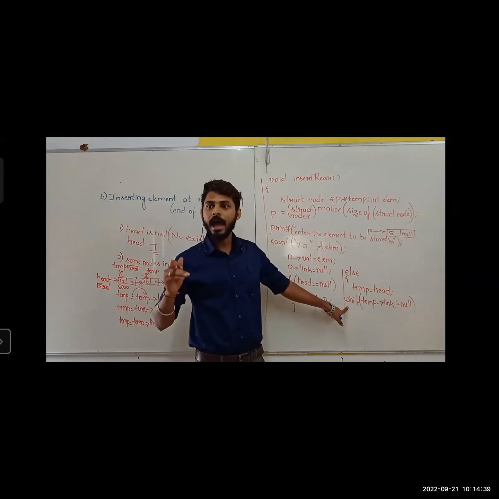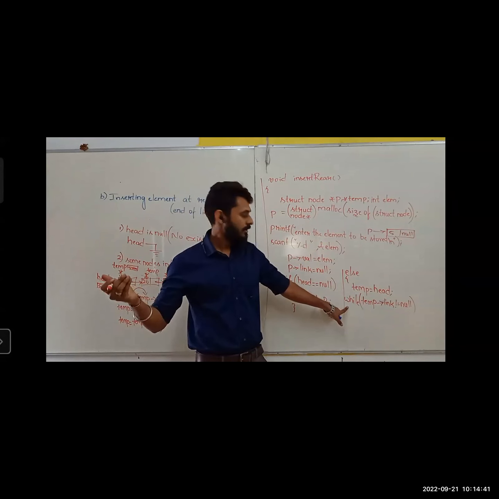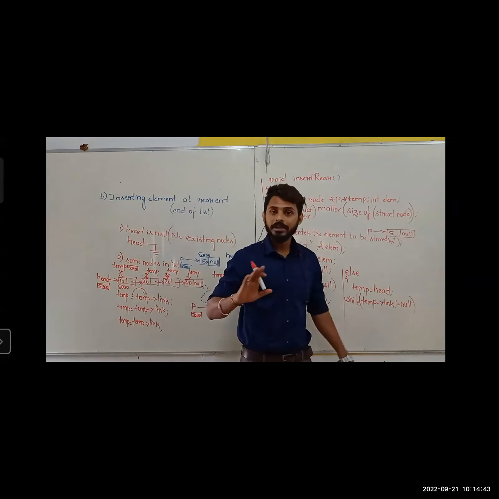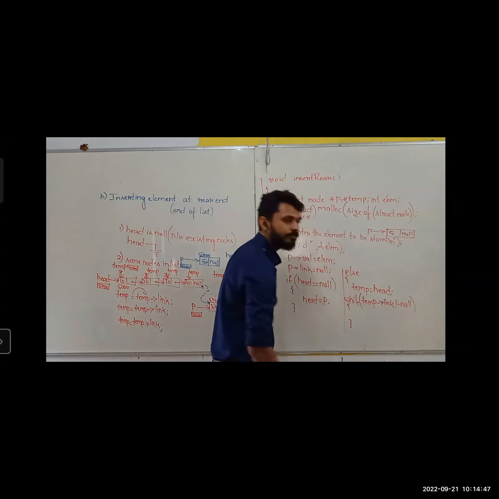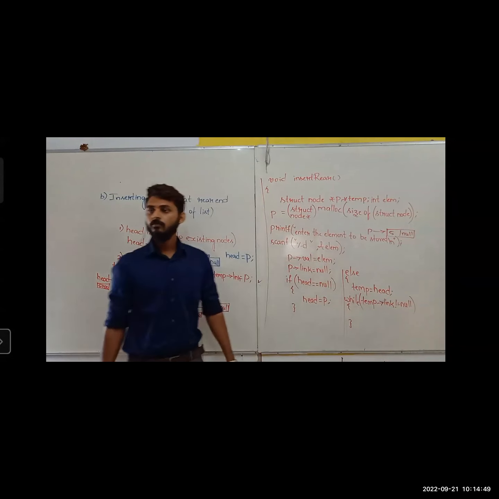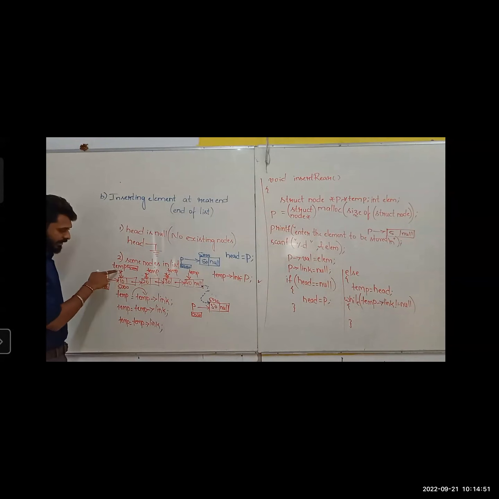English statement: as long as temp's link is not equal to null, keep doing this task. As long as temp's link is not equal to null, what should I do? Move temp. How can I move?